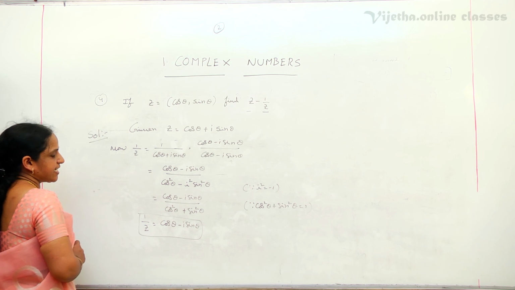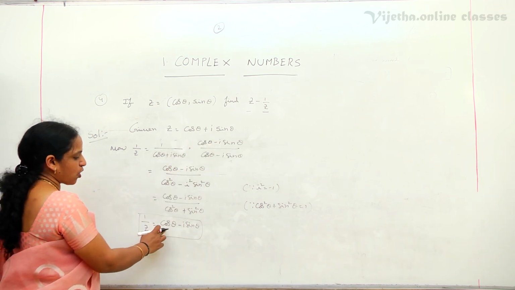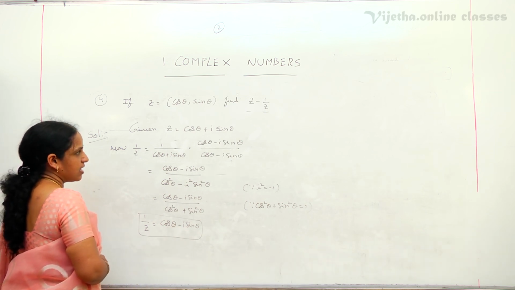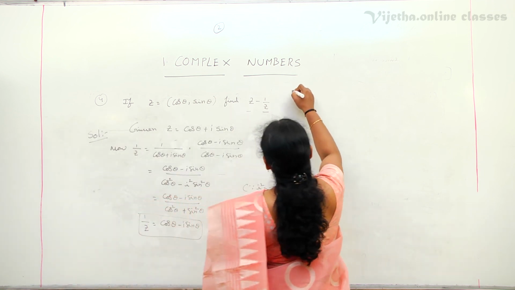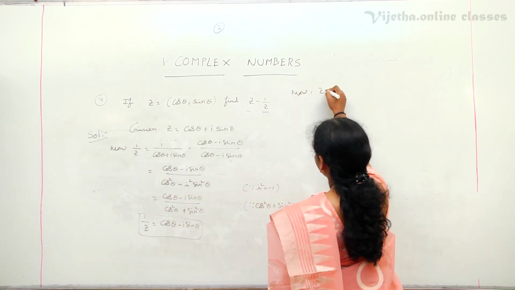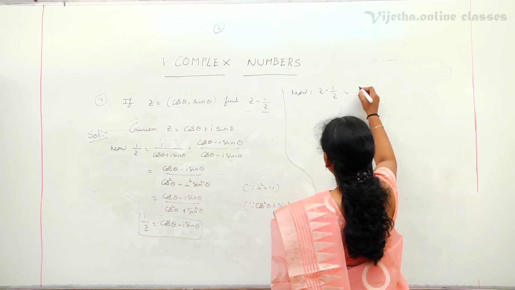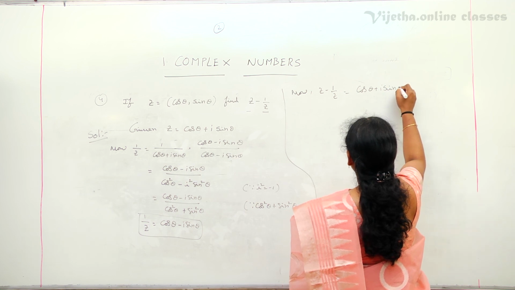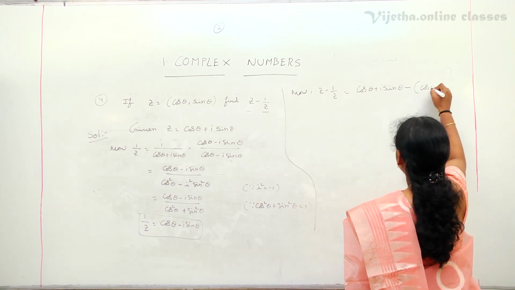Here Z is cos theta plus i sin theta, and 1 by Z is cos theta minus i sin theta. Now find Z minus 1 by Z. Z is cos theta plus i sin theta, minus 1 by Z, cos theta minus i sin theta.